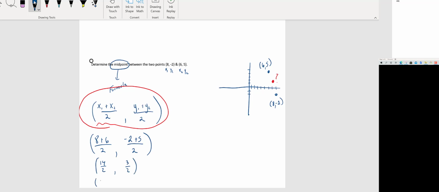And there's another reason why we couldn't really just eyeball it, because the midpoint is at a decimal. And if you look at that red point, like just my horrible makeshift graph here, that looks like it's roughly at this point 7, 1.5. So the math kind of checks out with the picture.